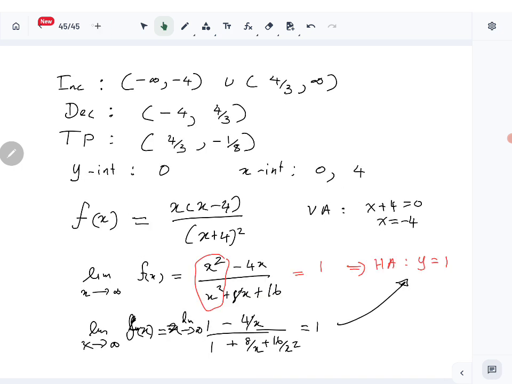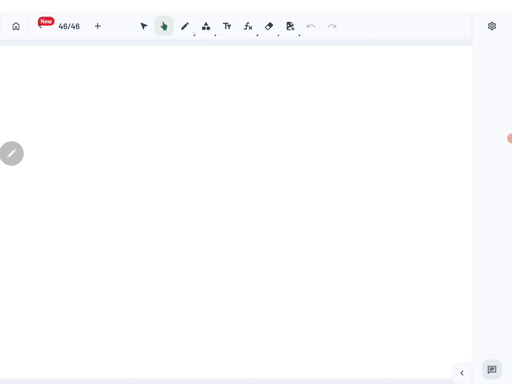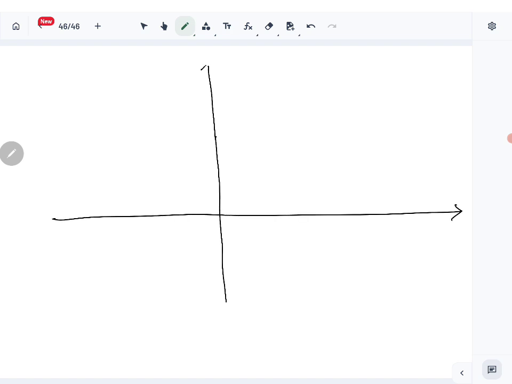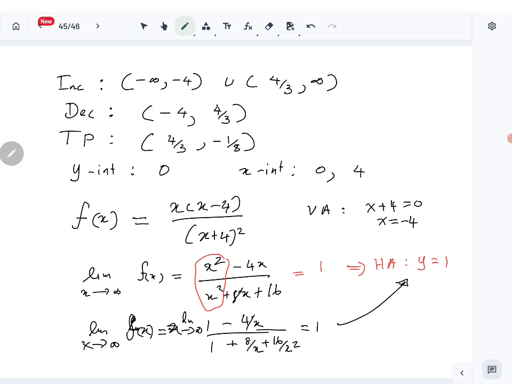Right. So then, we'll draw it now. So what points? We'll first mark the asymptotes. X equals minus 4 and y equals 1.